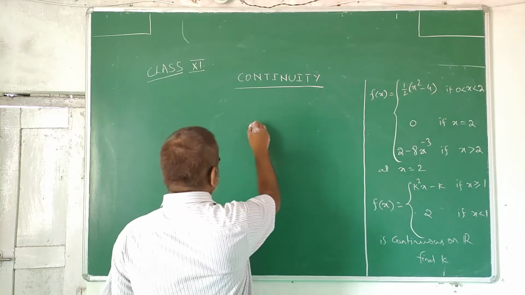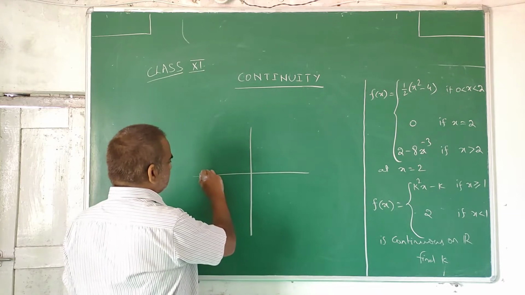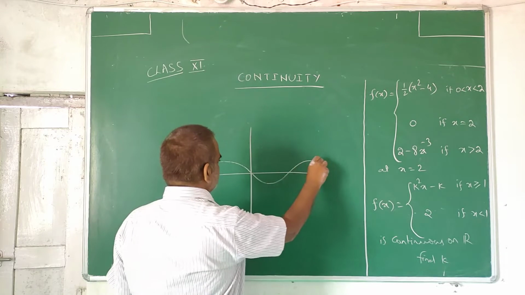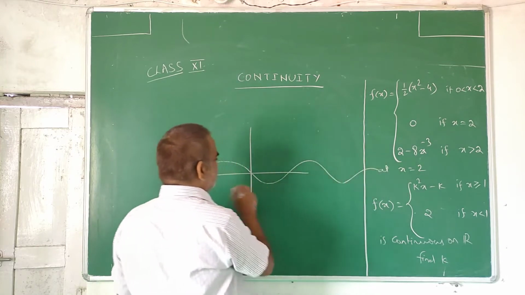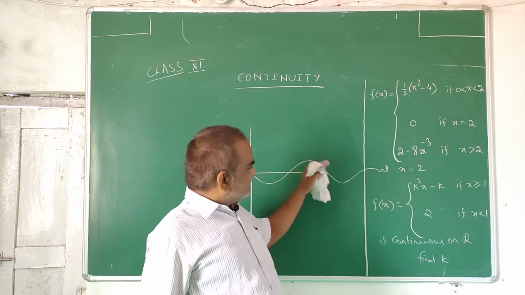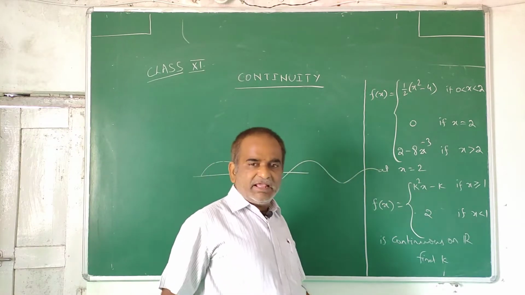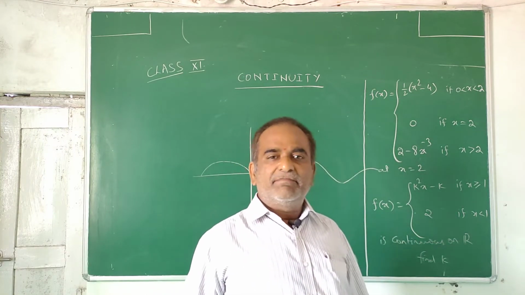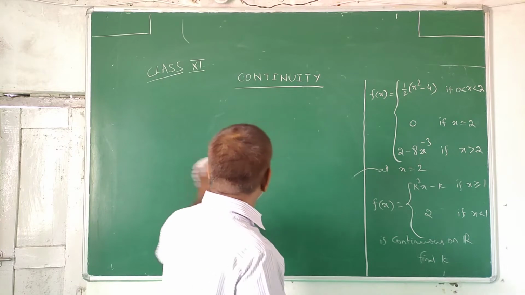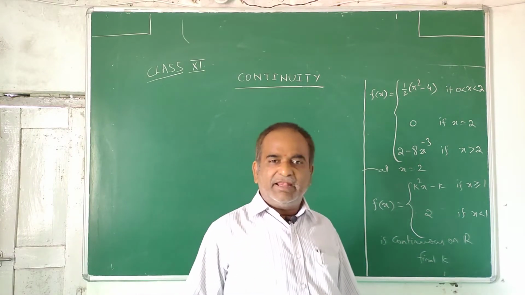Suppose this is the graph. This is a continuous function graph. A continuous function graph would be like this. There won't be any jump or break. So this is the geometrical meaning.